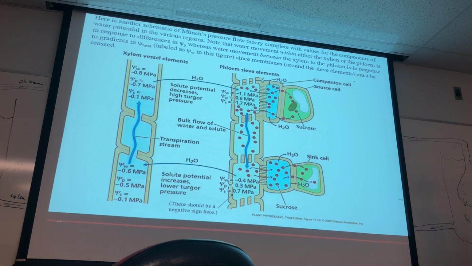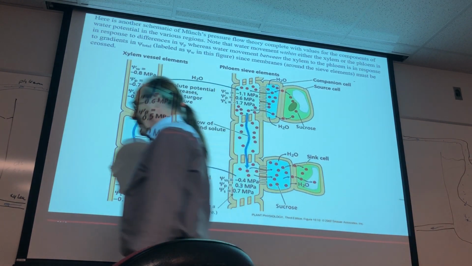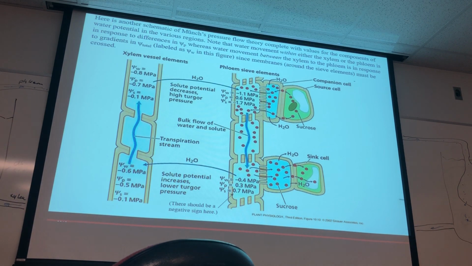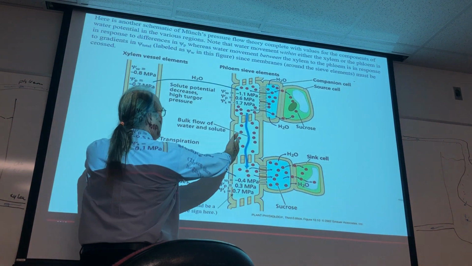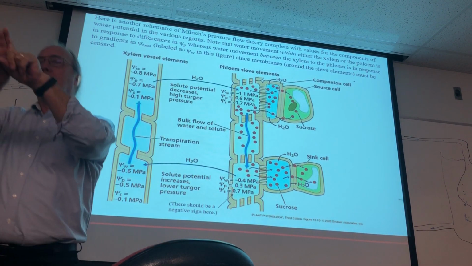Okay, here's a different picture. This is from the Plant Physiology and Development book, which again I highly recommend if you would like to learn more plant physiology. All right, so in here, this is the xylem, this is the phloem, and they're shown apart, but really they're next to each other.